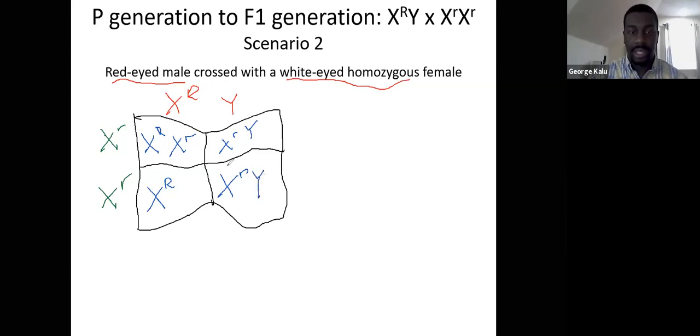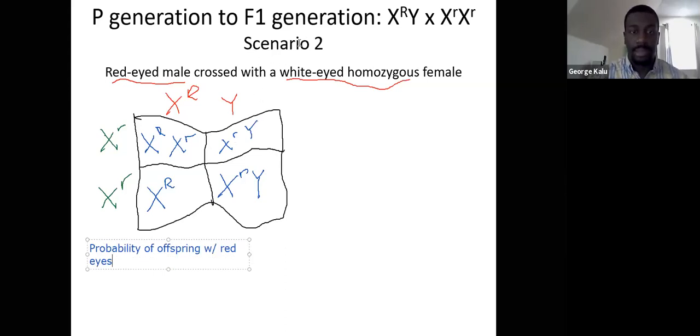Okay, good. Perfect. So now we'll go ahead and analyze our Punnett square. What is the probability of our offspring with red eyes? Whoops, I made a mistake here.